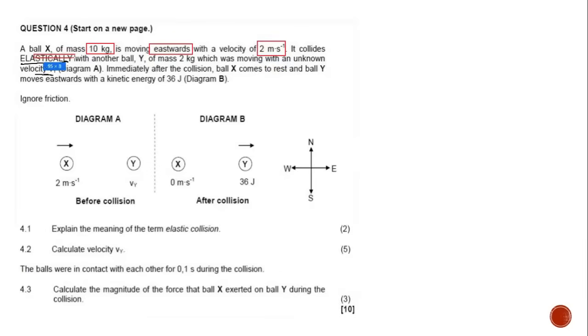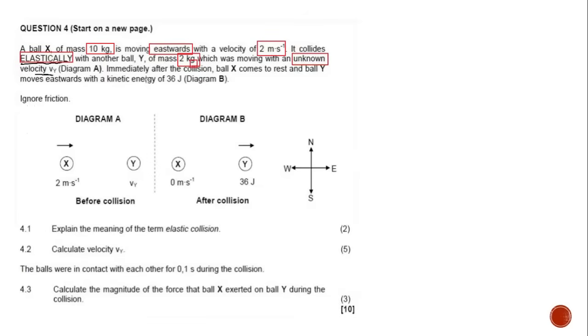So this is a very important keyword here: elastically. You need to remember that elastically means that both the total linear momentum and the kinetic energy are conserved. With another ball Y of mass 2 kg, which was moving with an unknown velocity.